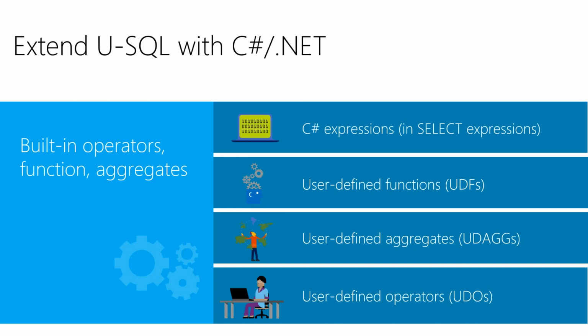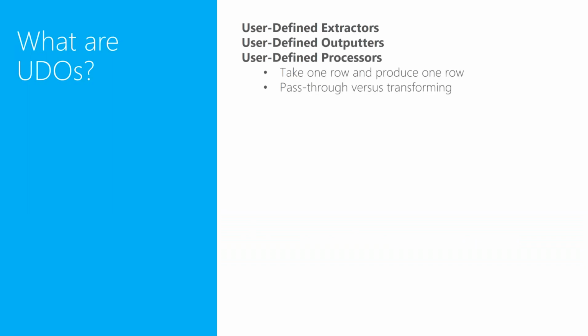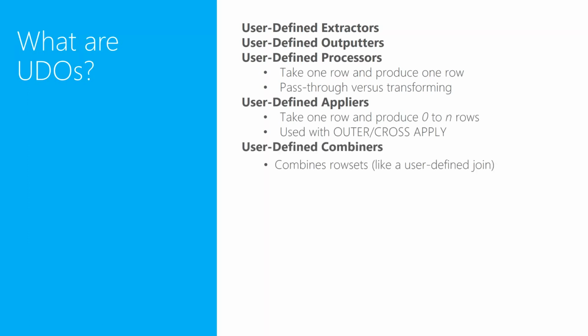And today I would like to give you a quick overview of user-defined aggregators and user-defined operators, and show you one example of a user-defined operator. So what are user-defined operators? Well, they are the user-defined extractors, outputters, processors, appliers, combiners.